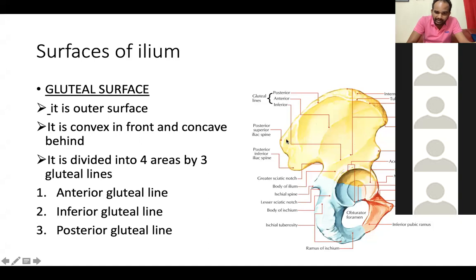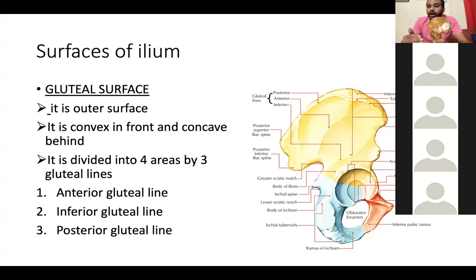And the area which is posterior to the posterior gluteal line is area number 4. So we have 4 areas, 1, 2, 3 and 4. So this entire gluteal surface is divided into 4 areas by 3 lines: the inferior gluteal line, anterior gluteal line, and posterior gluteal line.